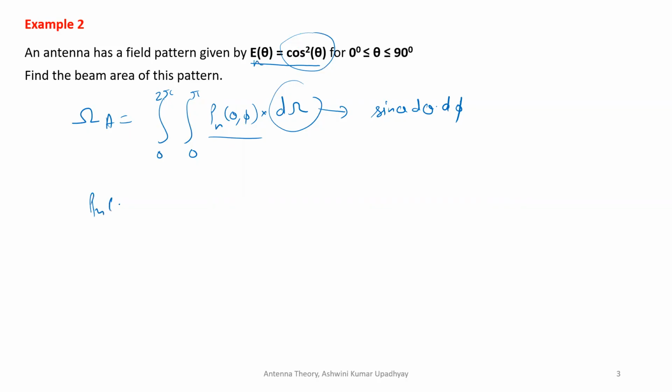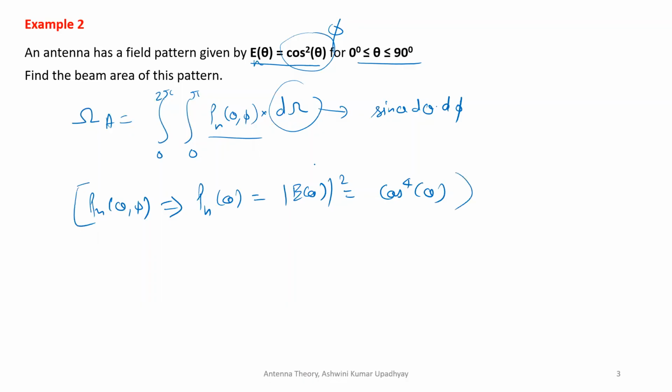And Pn theta phi, since there is no phi term here, you can just write it as Pn theta, which is nothing but the square of E theta, right? So it will become cos to the power 4 theta, and obviously between 0 to 90 degrees or 0 to pi by 2.